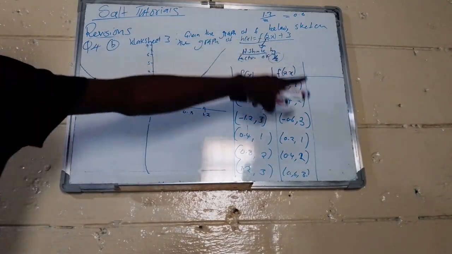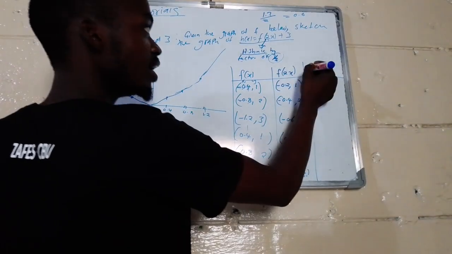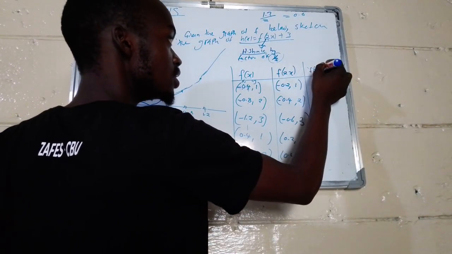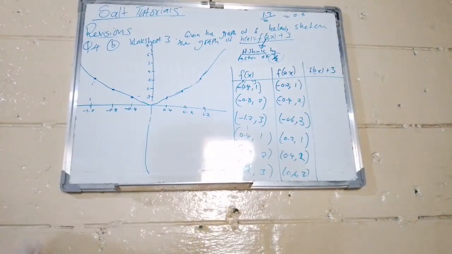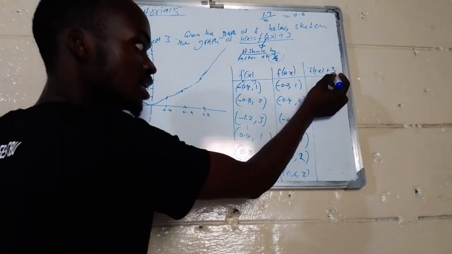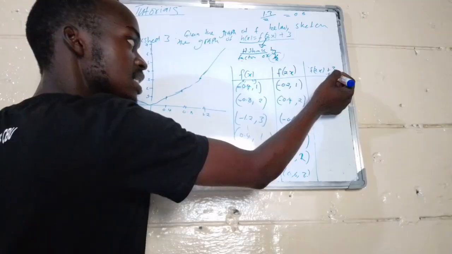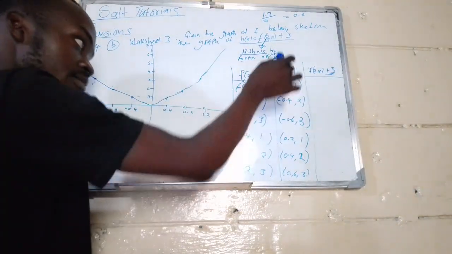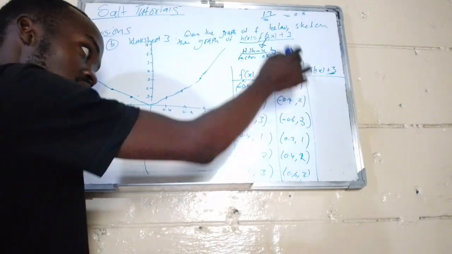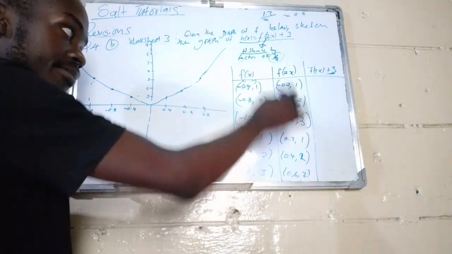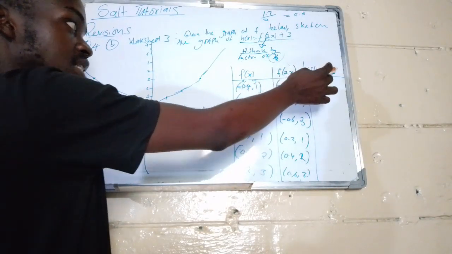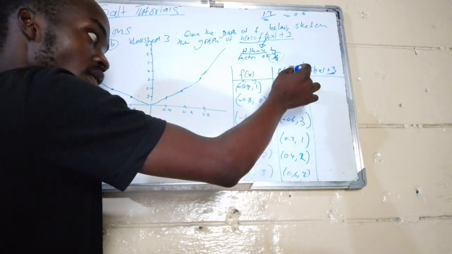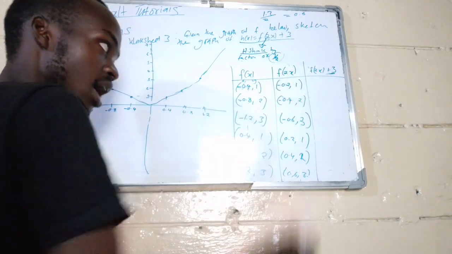In the last column, make coordinates for f of 2x plus 3. So what is the plus 3 representing here? The plus 3 represents that you are transforming the coordinates in the second column by simply adding 3 to the y coordinate. Remember, this is a vertical translation. So all the y coordinates are going to move plus 3.